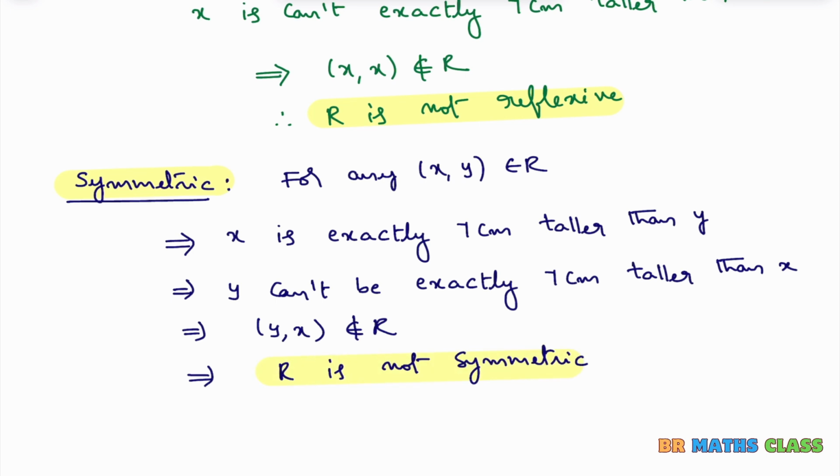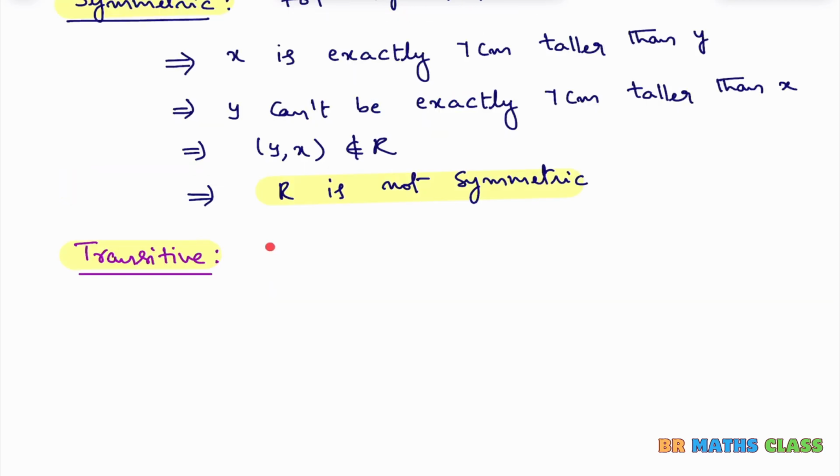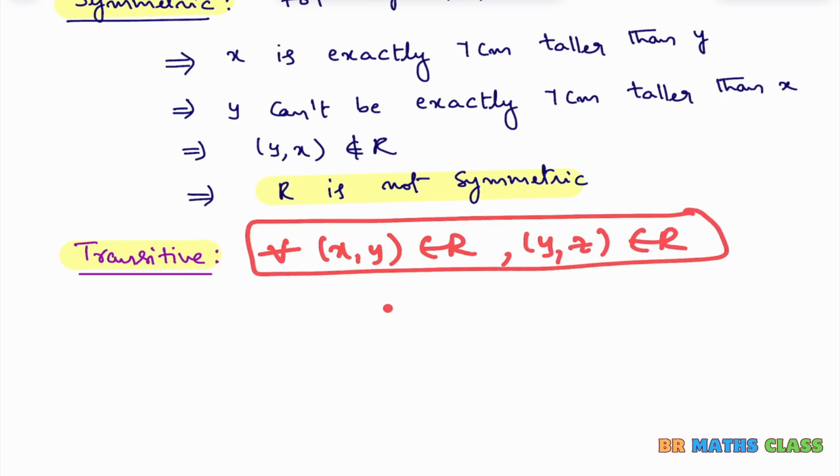Now we'll check the transitive condition. What is the transitive condition? For any ordered pairs (x, y) in R and (y, z) in R, we look at whether the ordered pair (x, z) is in the relation or not. If such ordered pairs exist and (x, z) also belongs to R, then we say the relation is transitive.